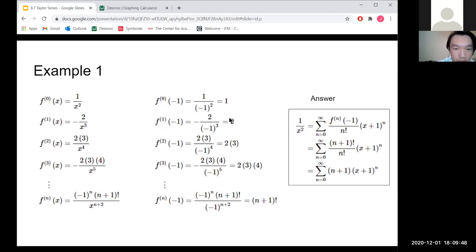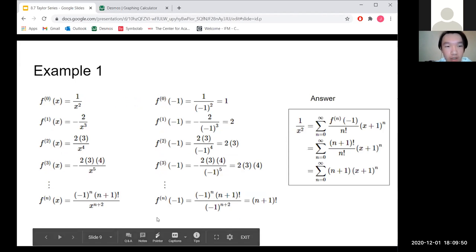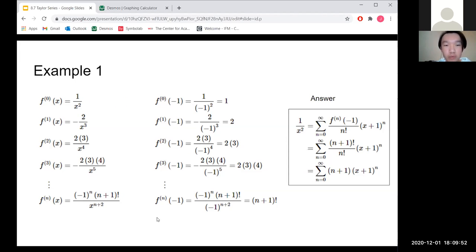Then we evaluated the derivative at -1, which gives you this middle column, which simplifies to n+1 factorial. That part goes into the numerator of our Taylor series formula, okay? And then that's your Taylor series.